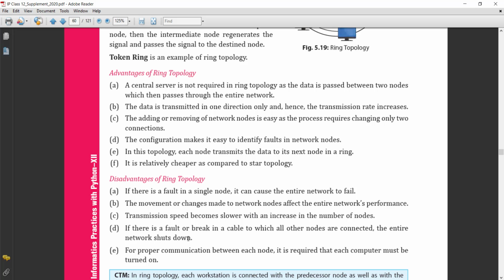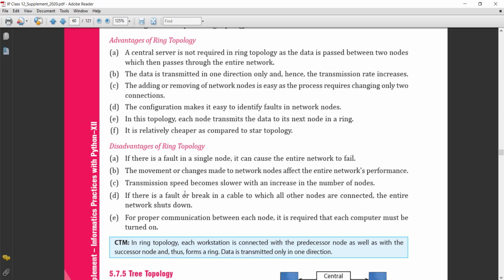If there is a fault or break in a cable to which all other nodes are connected, the entire network shuts down. For proper communication between nodes, each computer must be turned on. So you also note down these disadvantages.